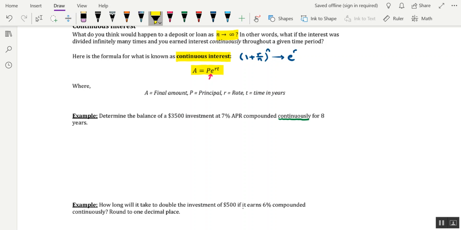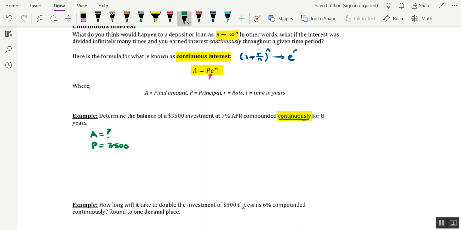So when you see this keyword involved in the instructions, you should put the formula for continuous interest at the forefront of your mind. Now I'd like to go ahead and make a little list of information that we have based on this statement here. We don't know the value of A, but we do know that there's an initial amount, and that's $3,500.